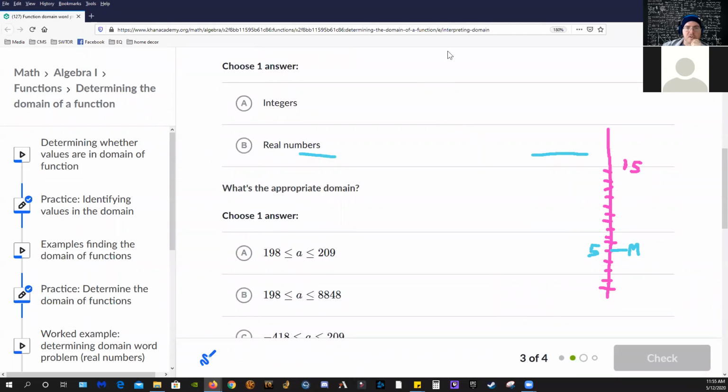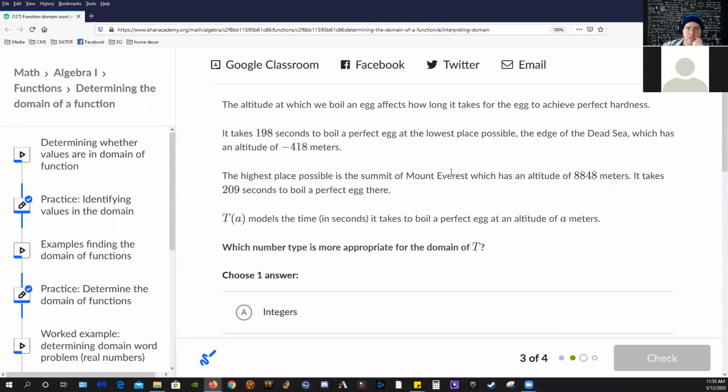So now I'm just engaging full repeated reasoning skills right now. So I'm on the next one. The altitude at which we boil an egg affects how long it will take an egg to achieve perfect hardness. This I know. I've heard on so many cooking shows. It takes 198 seconds to boil a perfect egg at the lowest place possible, the edge of the Dead Sea, which is an altitude of negative 418 meters.